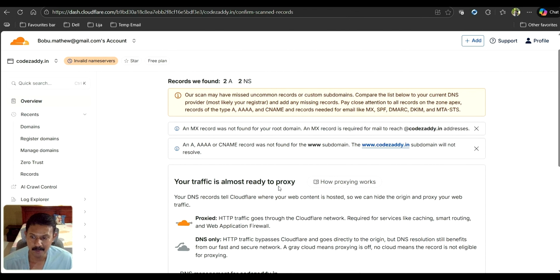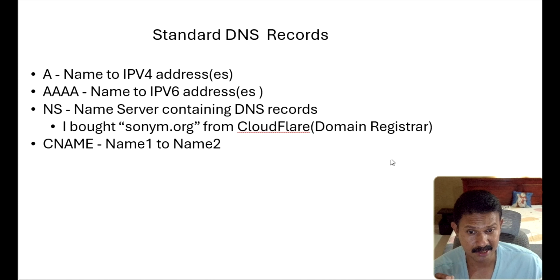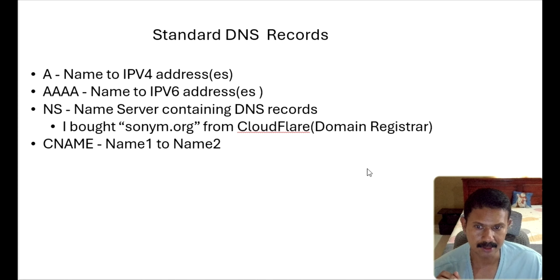Now on the next page, it brings up some information regarding your MX record, your A record, your AAAA record, your CNAME record. But what do all this mean exactly? Let's find out. So all of these are essentially your standard DNS records.